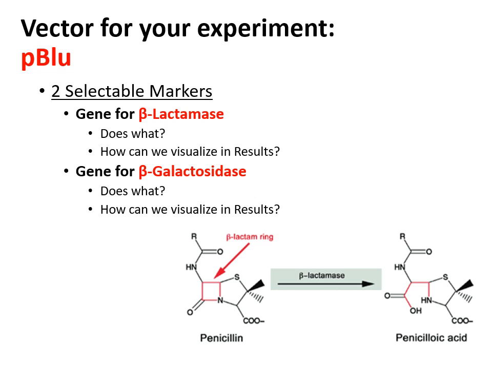And we can visualize that in the results by growing the transformation samples on plates that contain or lack ampicillin. Okay, and so we'll go over that in more detail when we go over expected results. But basically, if a bacteria takes in pBlue, it should now be able to produce beta-lactamase. And notice I say the pBlue contains the gene for beta-lactamase because pBlue is DNA.